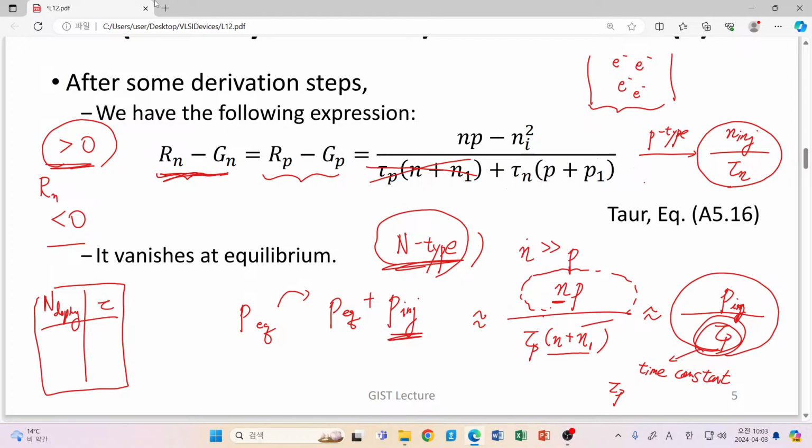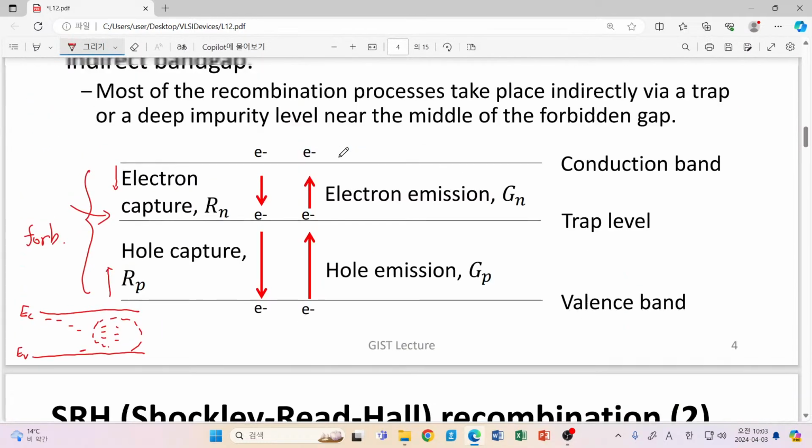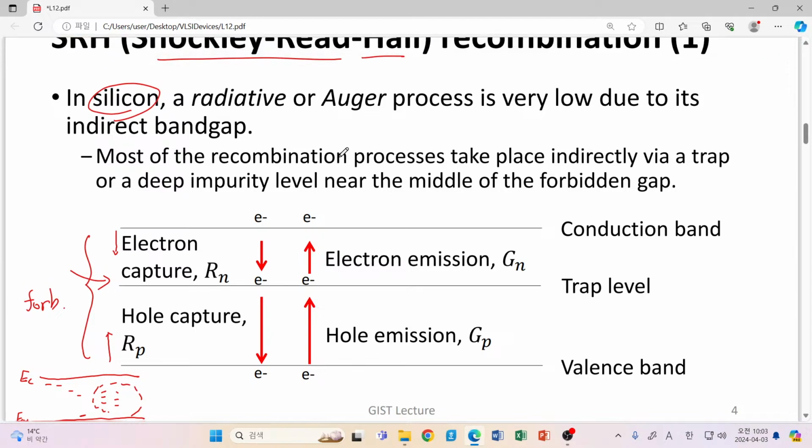If you have high doping density, then this tau will become quite short. And if you have almost no doping density, then tau will become quite long. Because the physical origin of all of this is the trap, and a trap is just a state generated from unwanted impurities.